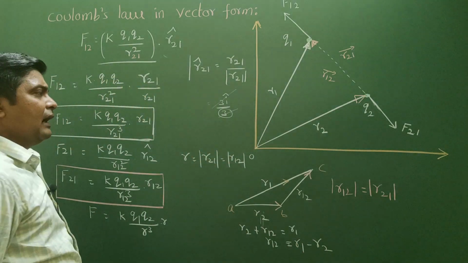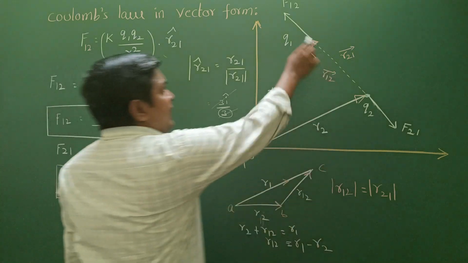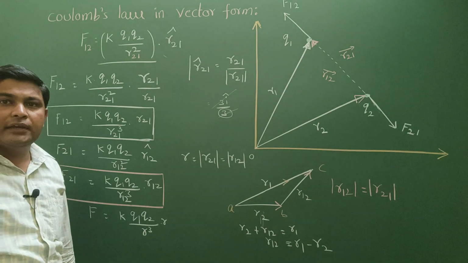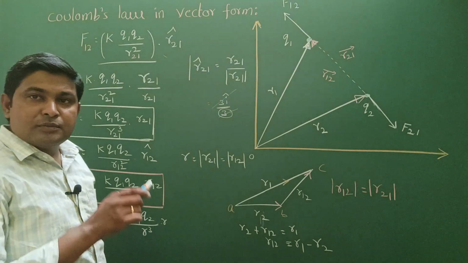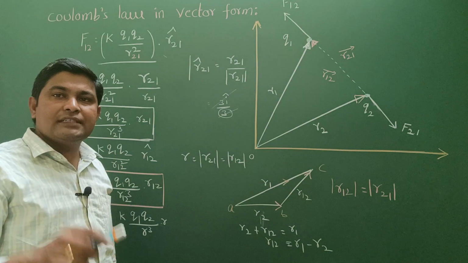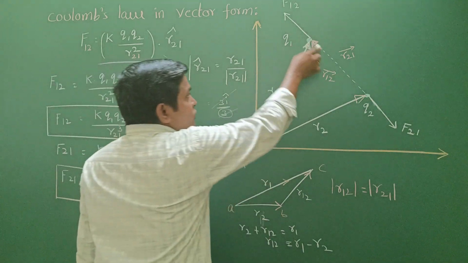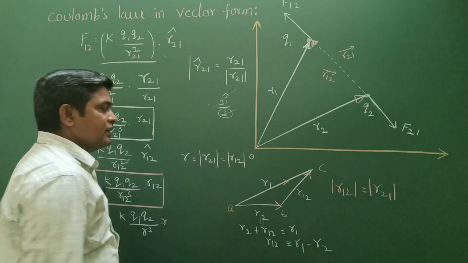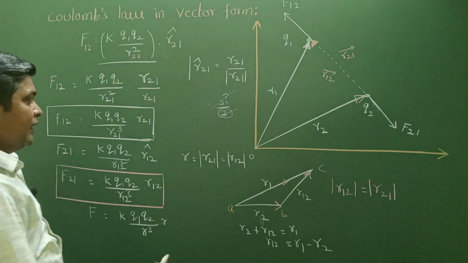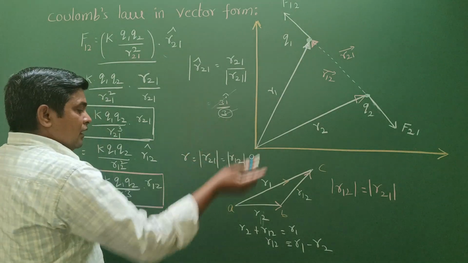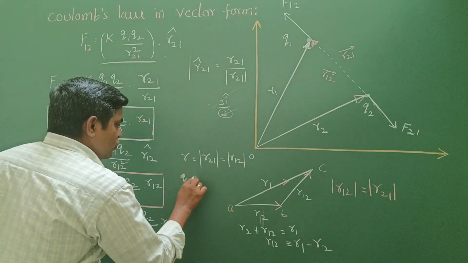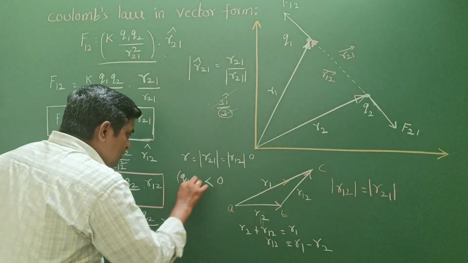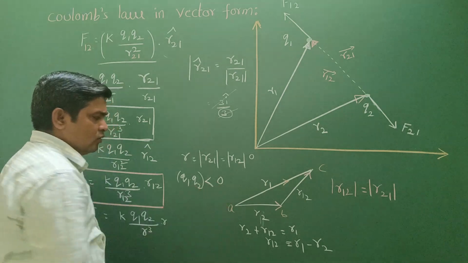And what other idea do we have already? If like charges, what kind of force is going to be present? Like charges means repulsive and unlike charges means attractive. The direction of force, if one is positive and another is negative, we can understand very easily. So to understand that attraction or repulsion, Q1 into Q2 less than 0 means the product of these two, Q1 and Q2, is less than 0.